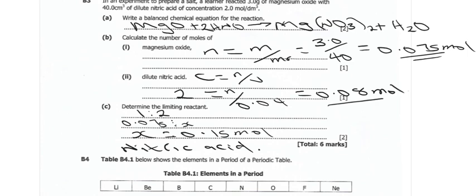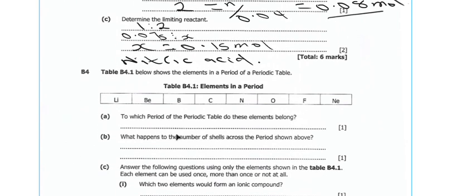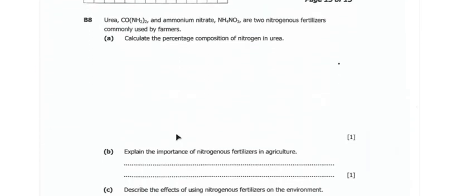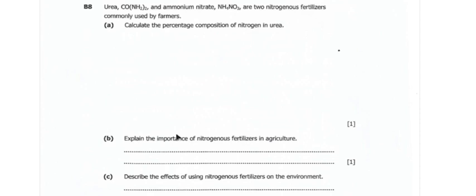Just like that. Okay, then let's go to B8. B8 reads: urea, CON, that one, and ammonium nitrate, that one, are 2 nitrogenous fertilizers commonly used by farmers. Now calculate the percentage composition of nitrogen in urea.